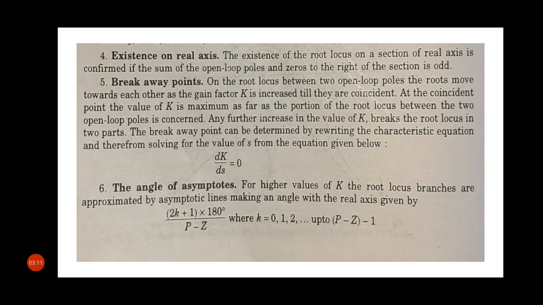Now see the sixth point. The sixth point is the angle of asymptotes. For higher values of k, the root locus branches are approximated by asymptotic lines making an angle with the real axis given by (2k+1) times 180 degrees divided by (p minus z), where k equals 0, 1, 2 up to p minus z minus 1, where p is the number of poles and z is the number of zeros.